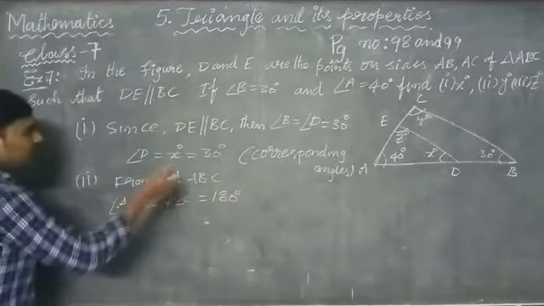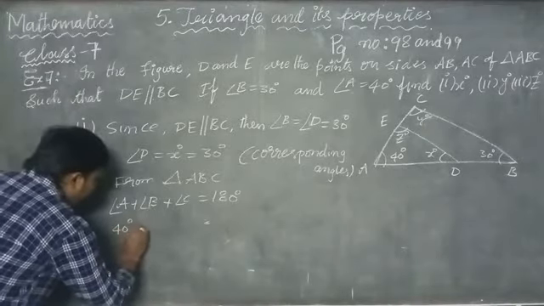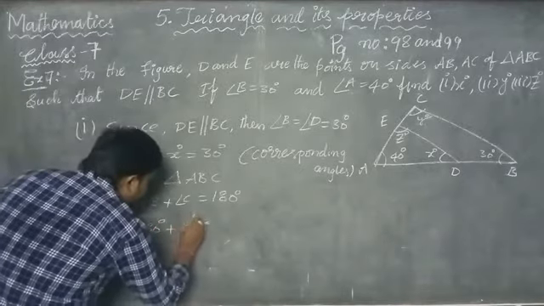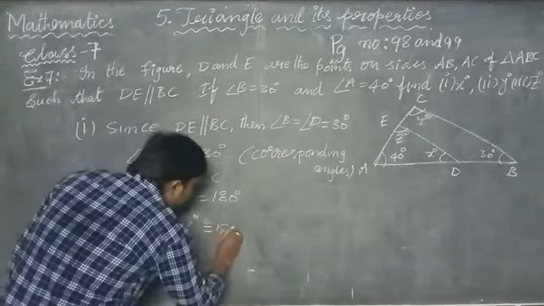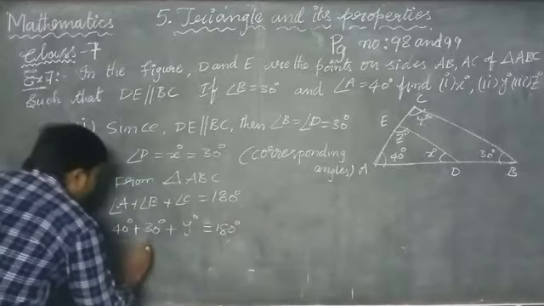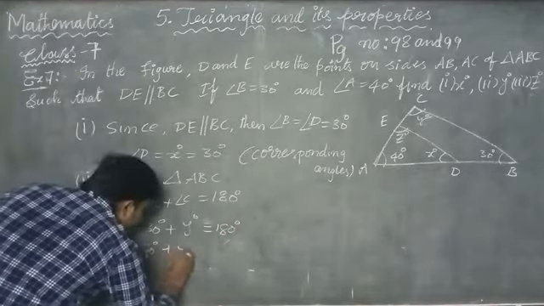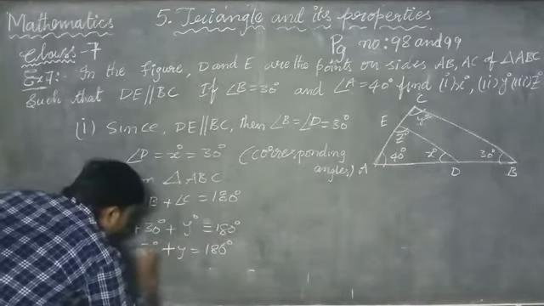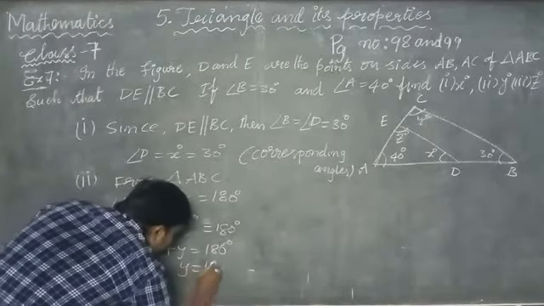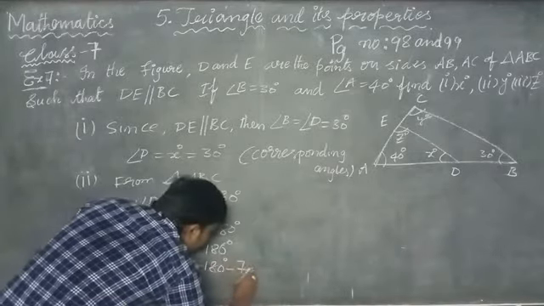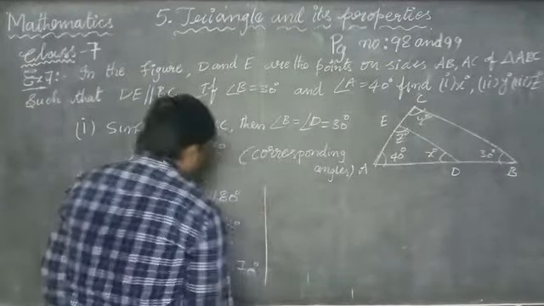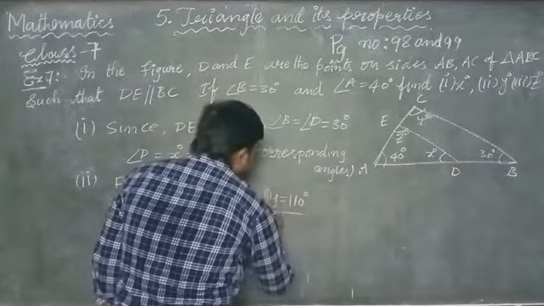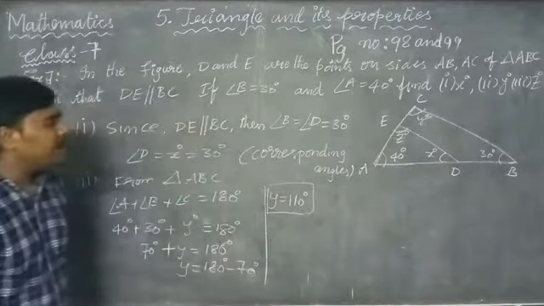Angle A equals 40 degrees, angle B equals 30 degrees, angle C equals y degrees. Then 70 degrees plus y equals 180 degrees. Then y equals 180 degrees minus 70 degrees, so y equals 110 degrees.